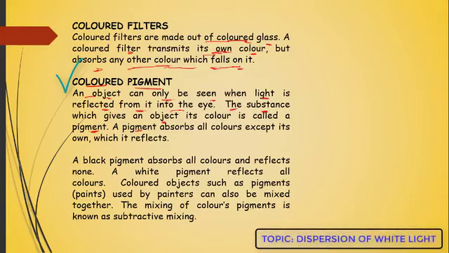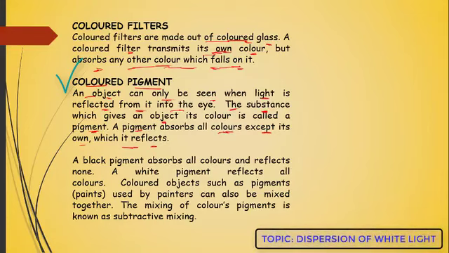A pigment absorbs all colors except its own, which it reflects. So if you're seeing an object that is, let's say, red in color, that red pigment is able to show off red because it absorbs all colors except its own, which it reflects, and that color it reflects is what appears to the eye.